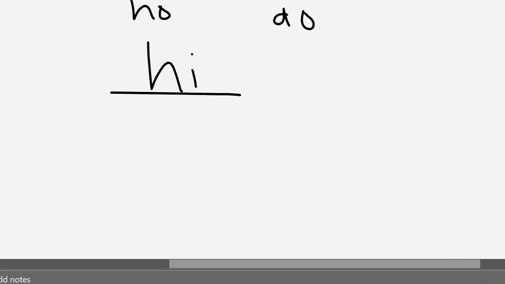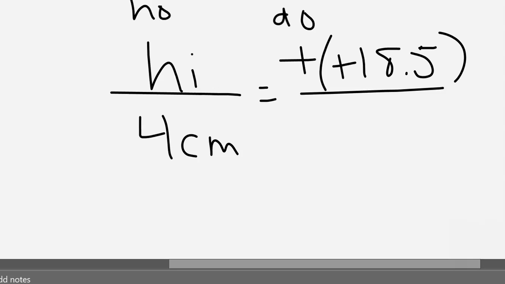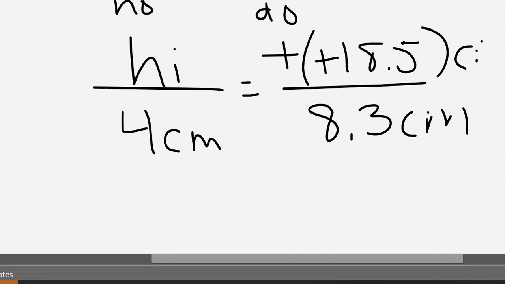Our HO, the height of the object, was 4 centimeters. Our DI was negative 18.5 centimeters, so those negatives cancel out, and our DO, which is what they gave us, was 8.3 centimeters. All of these are in centimeters, just leave them in centimeters, it's fine.